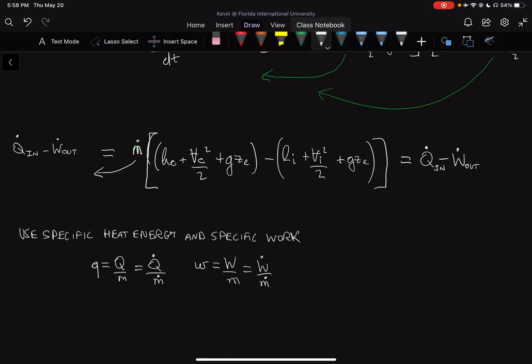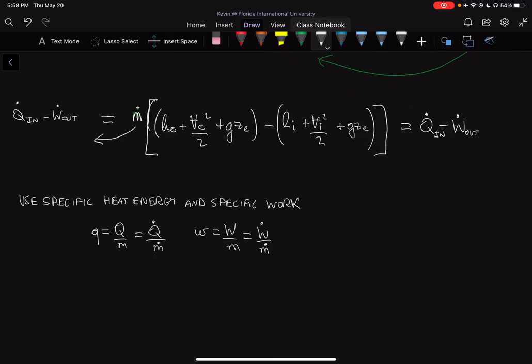Okay, so if we bring the mass to the left side, we can write that q minus w is equal to (he plus ve squared over 2 plus gze) minus (hi plus vi squared over 2 plus gzi), all in brackets, and we would have this equation in our specific form.